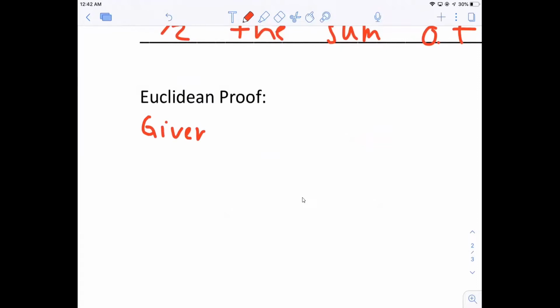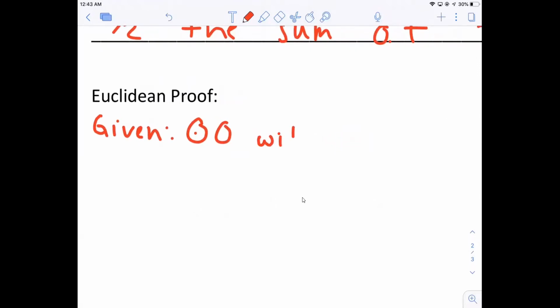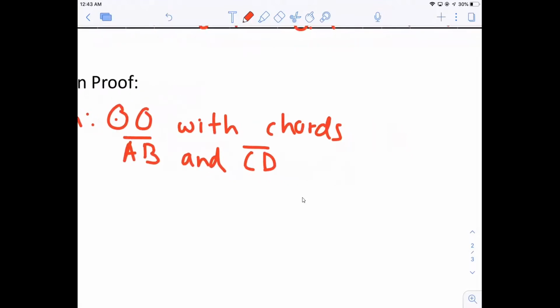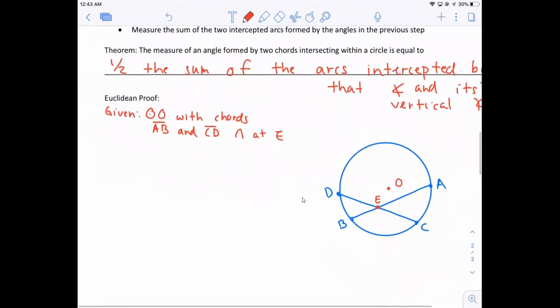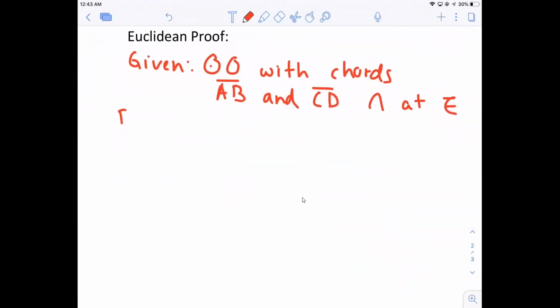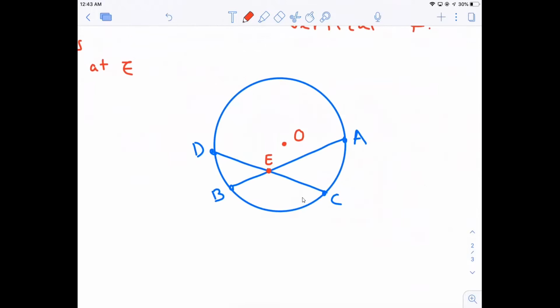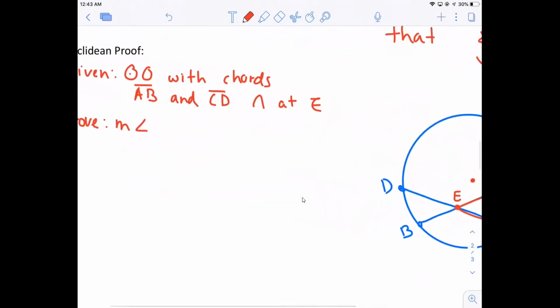So given circle O with chords AB and CD intersecting at E. We're going to prove that the measure of angle, so I'm going to call this angle AEC.